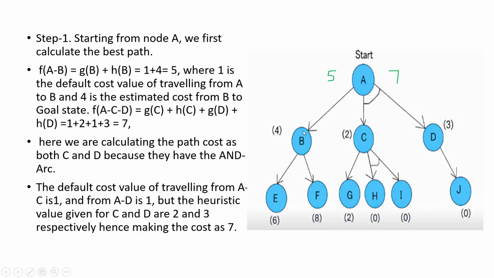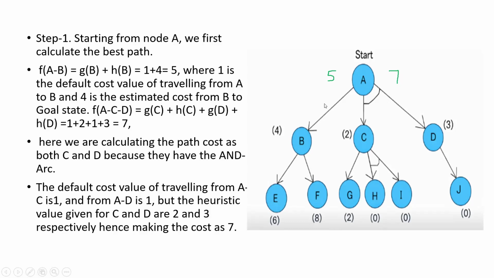Now we will see A to B. When we take A to B, we take the heuristic value of B plus the path value. In the notes on this slide, the term written as H is the value in brackets, the heuristic value given in the question, and G is the path length.